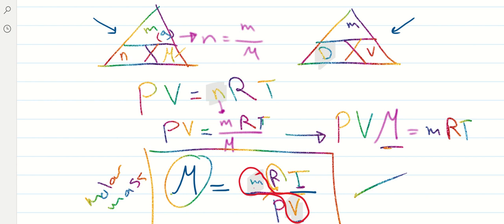My ideal gas law is PV equal to nRT, but I know from this pyramid that n equals mass divided by molar mass. So I'm going to replace n by mass divided by molar mass.